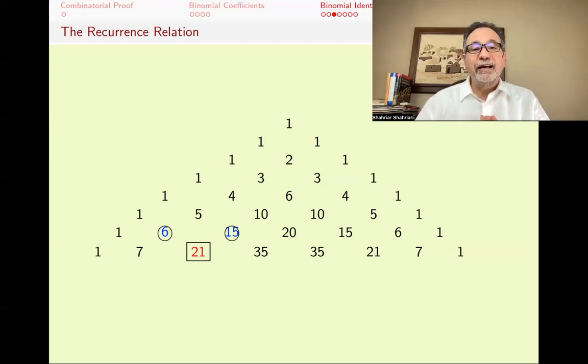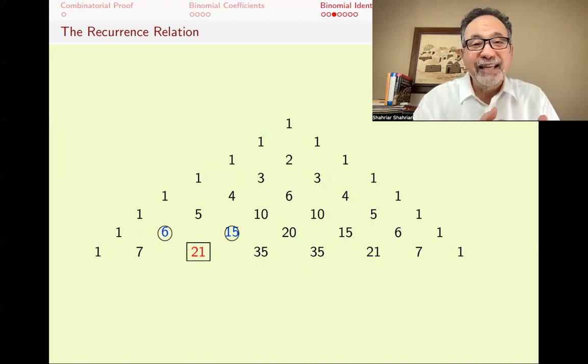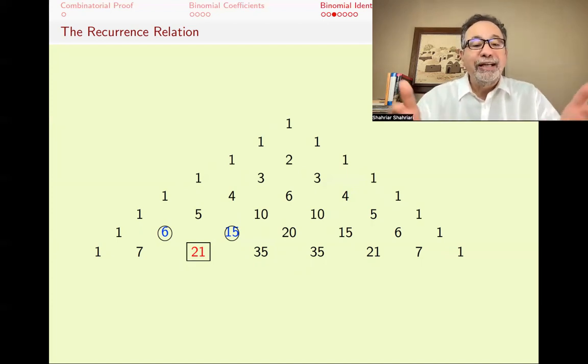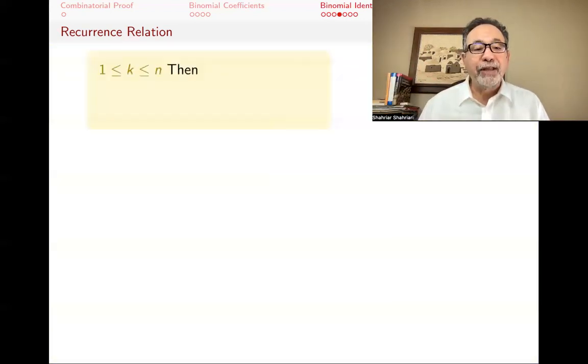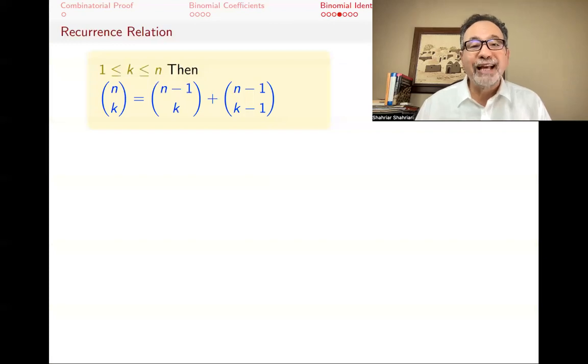The way I defined binomial coefficients is that they're the number of subsets of size k, and now I have to show you that if I put them in this triangle, every entry is the sum of the ones above it. So how do I do that? What I want to show is that n choose k, the number of subsets of size k of n, is n minus 1 choose k plus n minus 1 choose k minus 1.